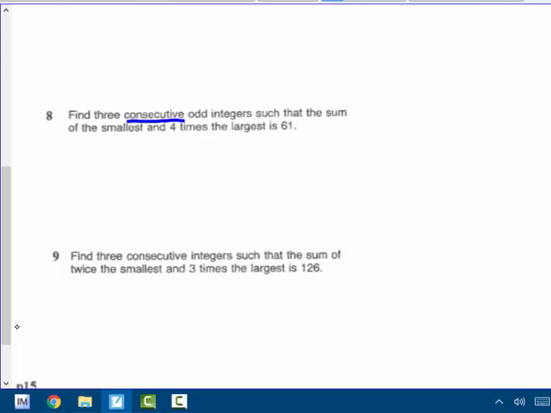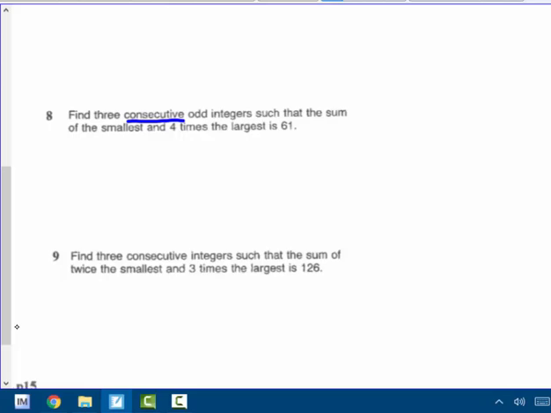But this says find 3 consecutive odd integers such that the sum of the smallest and 4 times the largest is 61. Find 3 consecutive odd integers.